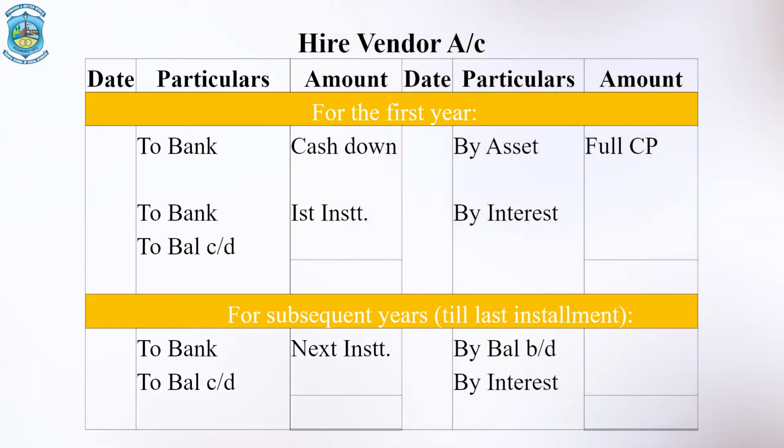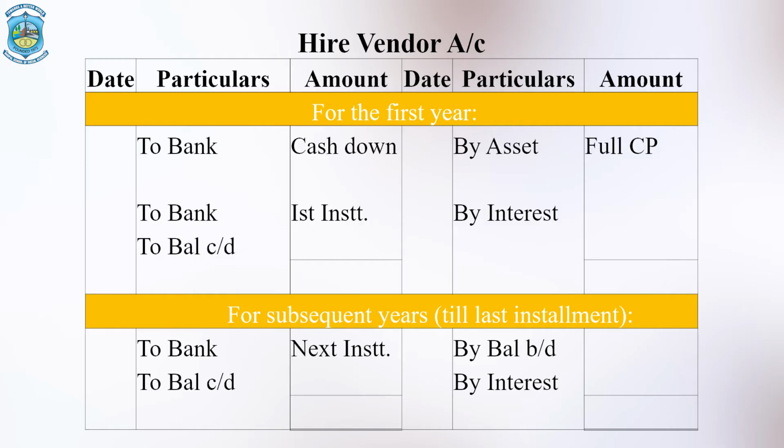One in the credit side as by interest, another in the debit side as to bank, that is the amount paid for the installment, which includes cash price and interest. Until the last installment has been paid, the entries would continue in the same manner until the hire vendor account gets closed. How simple is it, isn't it?